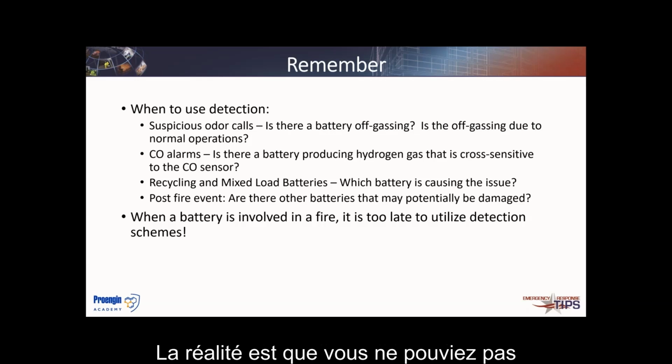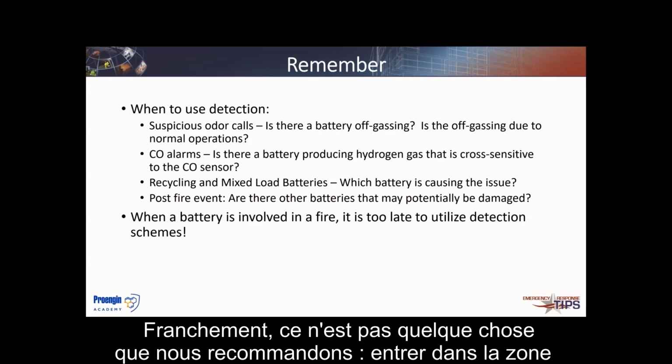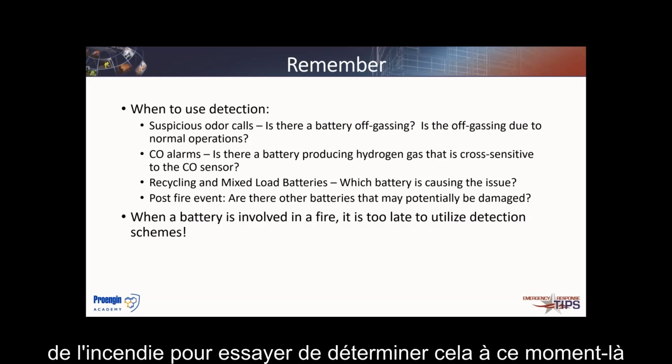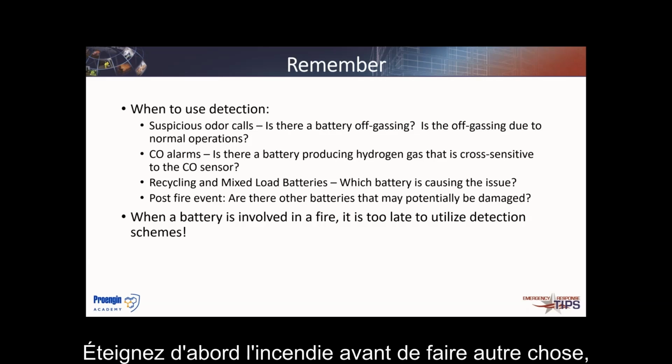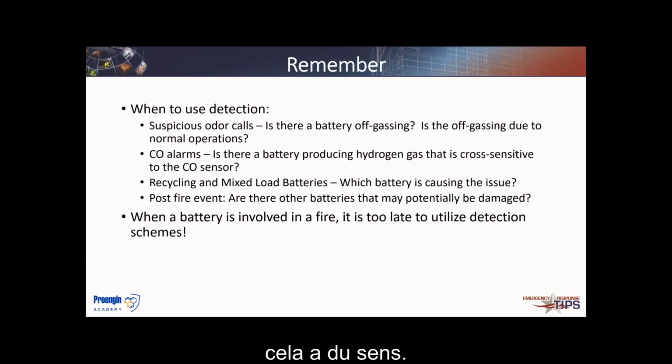The reality was no, you couldn't. To get to the levels where you were measuring the material, you would have to be inside the garage, and frankly we don't suggest going into that area where you have the fire to try to figure that out. Try to get the fire out first before you do anything else. That just makes sense.